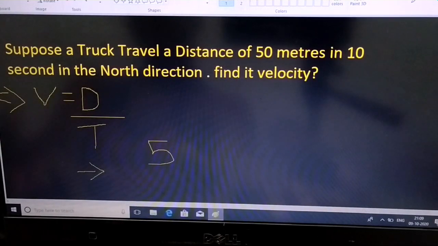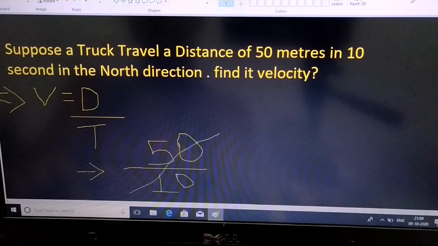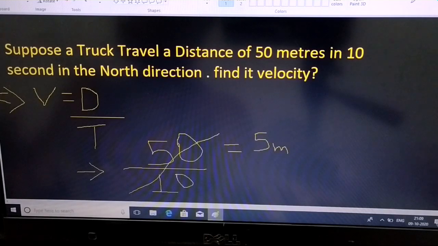Distance is given 50 meter and time is 10 second. So 50 divided by 10 is equal to 5, and the SI unit of velocity is meter per second, so we write here 5 meter per second.